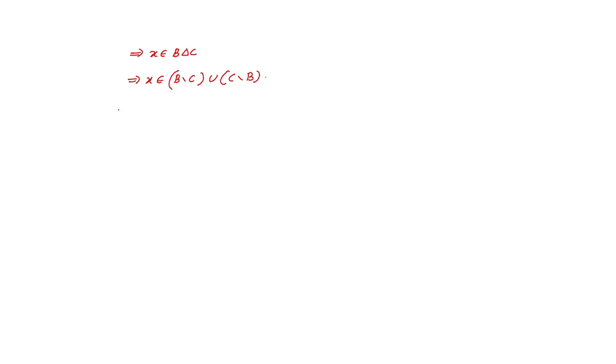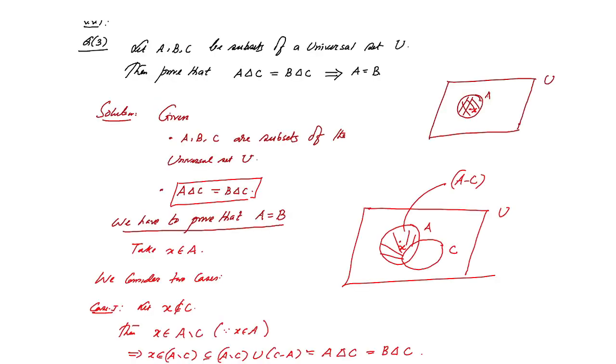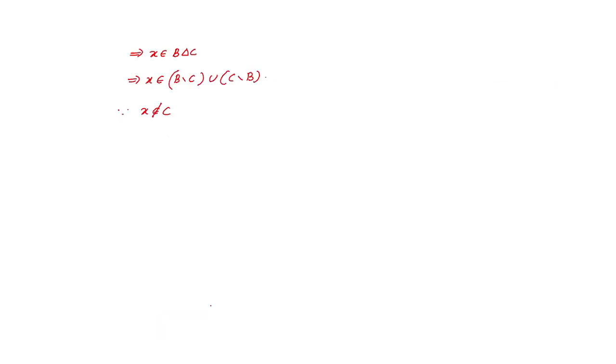Now, since X does not belong to C, we are in case 1. In case 1, what is written? X does not belong to C. Since X does not belong to C, X does not belong to C minus B. And hence what can we say?